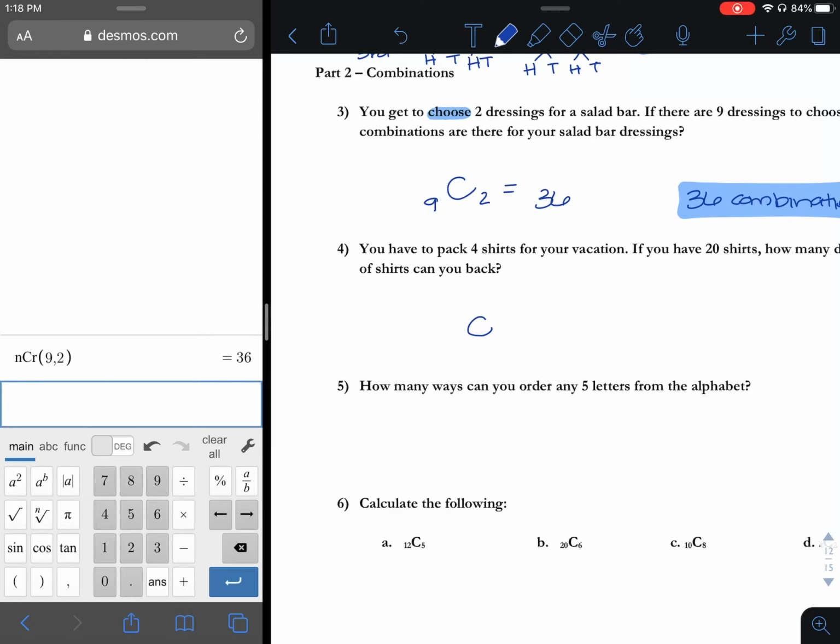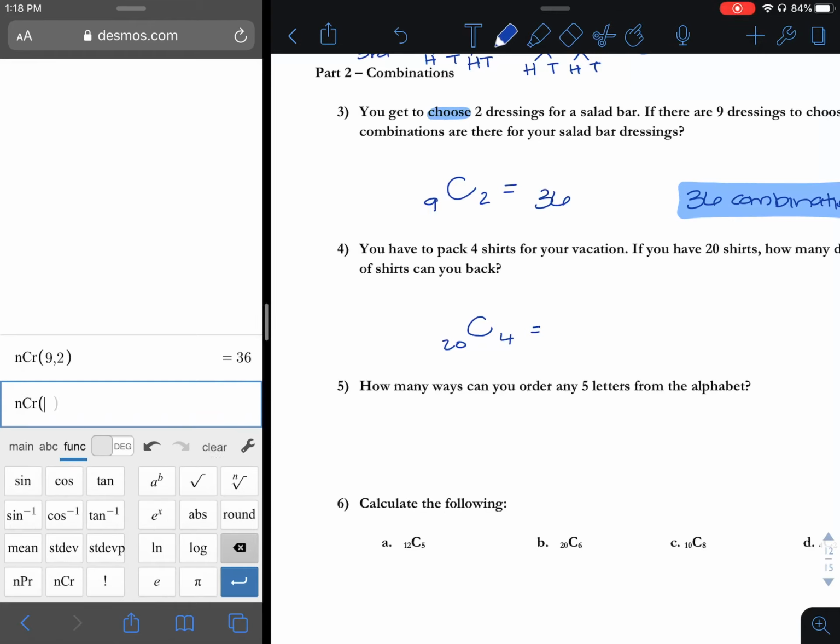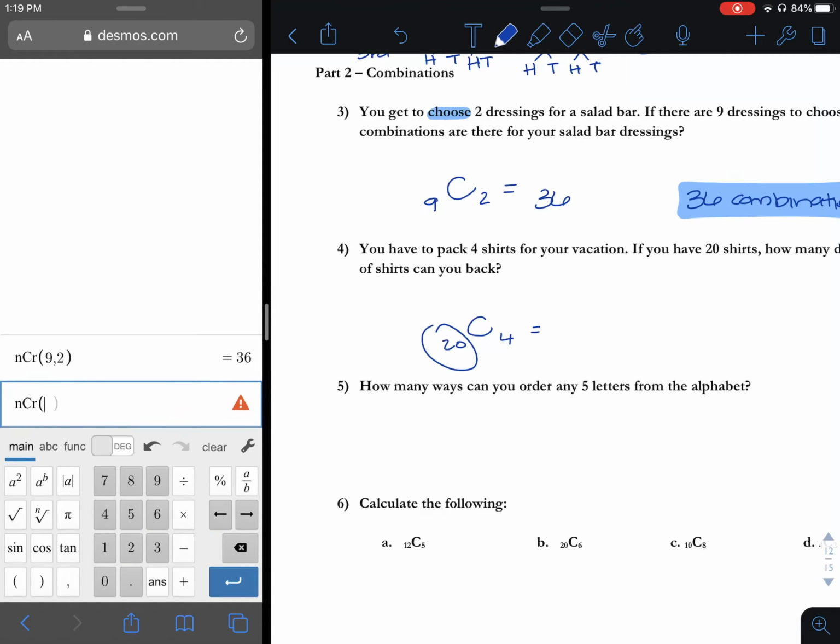My 20 is my bigger number, 4 is my smaller. Again, I'm going to use my function on my calculator, choose that nCr. Go back to my main. My bigger number here is 20, so 20, comma, 4. Make sure you put that comma in there, otherwise we're thinking that you're talking about 204. Okay, so it's very different.